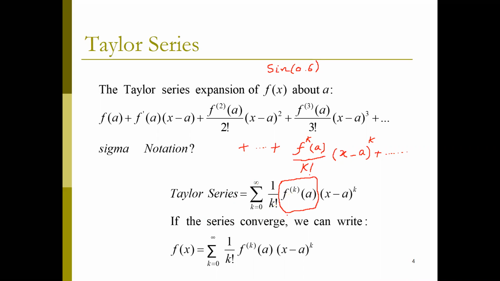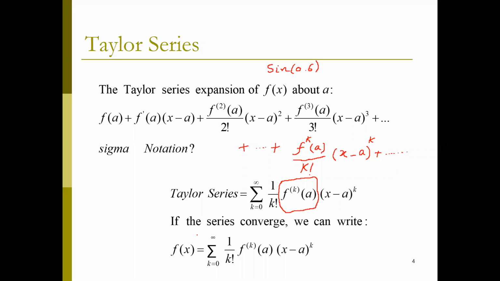If the series converges, we can write the sum over k from 0 to infinity of f^(k)(a) upon k factorial times (x minus a)^k, and this is equal to f(x).